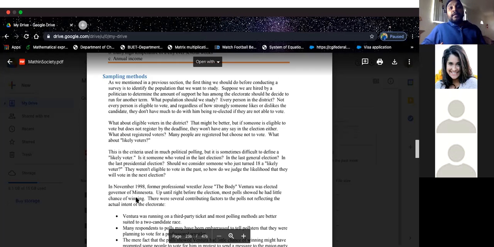For example, in our country, I didn't really vote the last time, although I was a registered voter. I didn't vote because I knew I was going to leave my country soon, because I was already planning to come here.